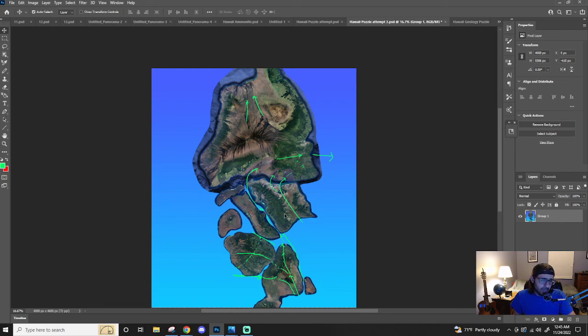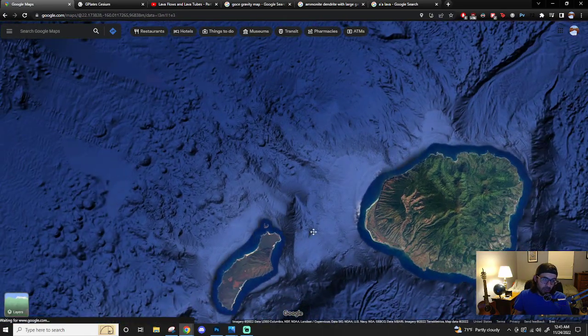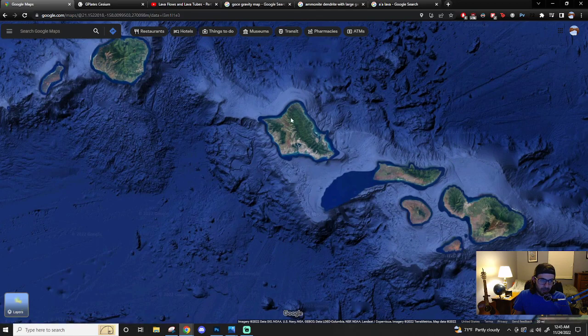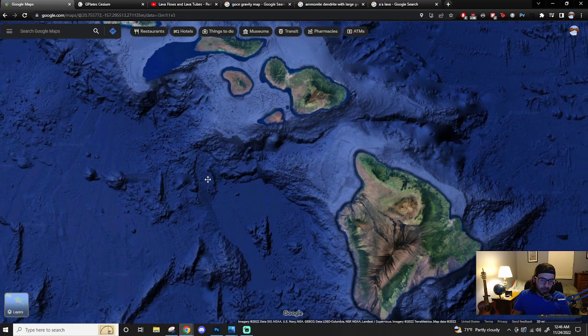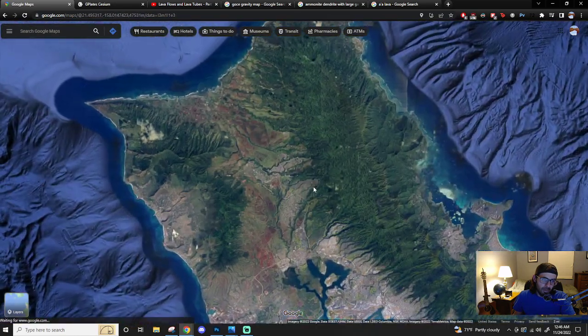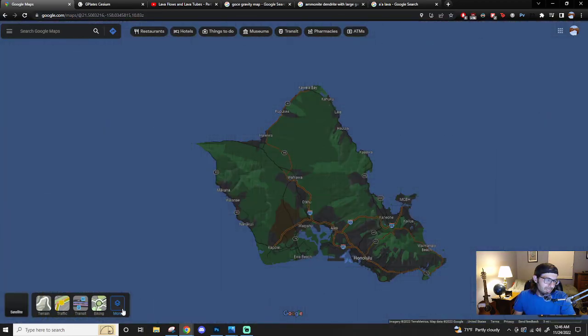Oh yeah, this is the Himalayas. Literally this entire island. Earth's equivalent. Which one is this? Oahu.